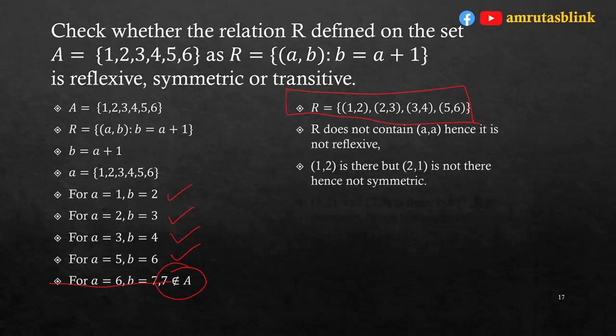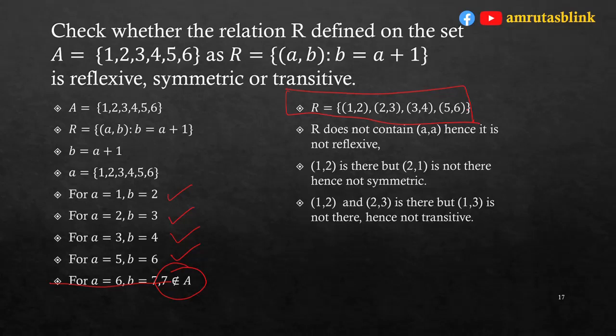For this pair (1, 2), there doesn't exist any element (2, 1). Hence it is not symmetric also. And for transitivity, we can observe that there are pairs (1, 2) and (2, 3), but (1, 3) is not there. Hence this relation is not transitive also.